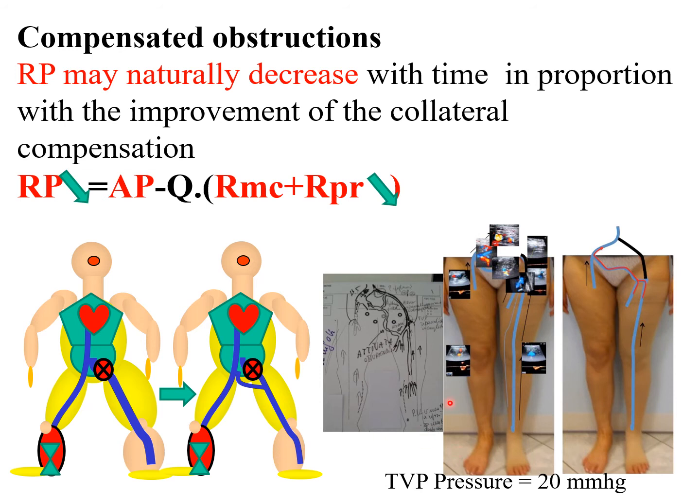This is a case of a woman who had a previous obstruction of the iliac vein here, but a good collaterality with time, and the measurement of the pressure at the ankle is just slightly elevated, 20 millimeters of mercury instead of 15. So she's very okay and nothing to do.